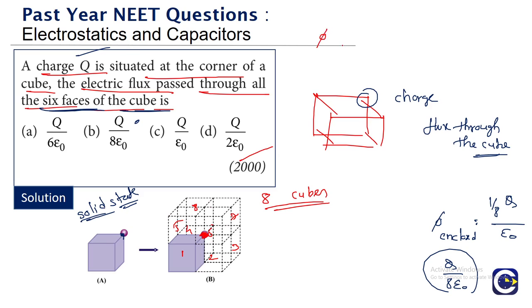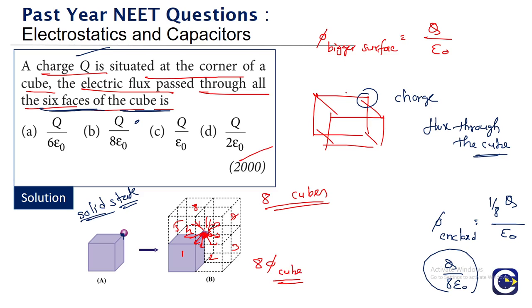So flux through the bigger surface is what? The charge Q is perfectly inside now, which is Q by epsilon naught. But as you can see, the field lines from this charge will go uniformly in all directions. Means you have 8 cubes, so each of them will contribute equally.